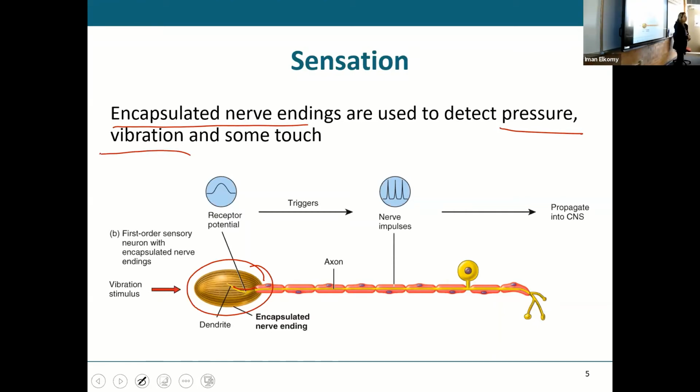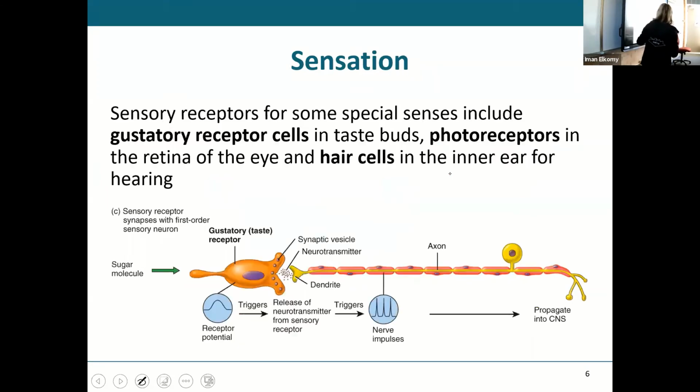We've already seen this before. A good example of this is what? Do you remember the Pacinian Corpuscle? We've seen it, right? Okay, this is an example of that. And again, it goes through cell bodies in the dorsal root ganglia, goes into the spinal cord, and then relays onto the different neurons.